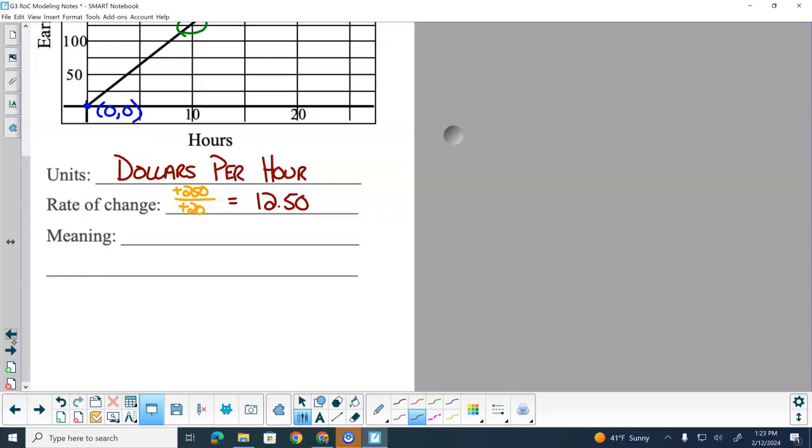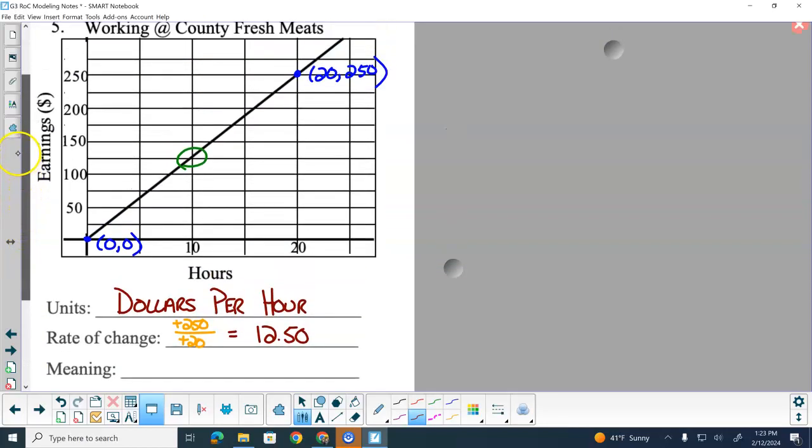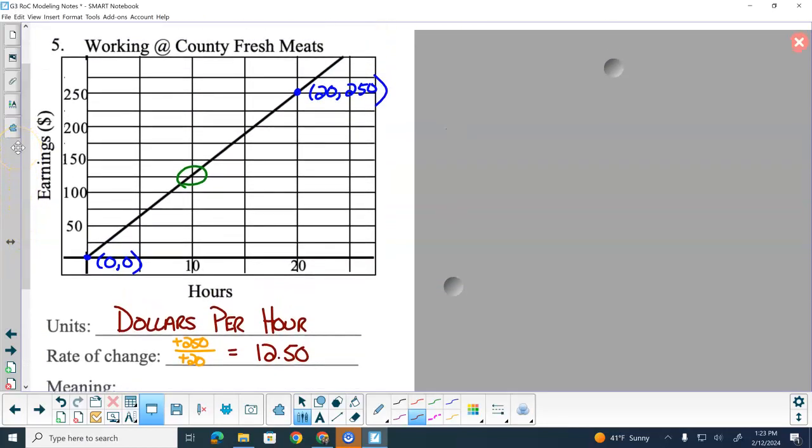There are 2 things that are important to our story. One of them is the actual rate of change. So in your sentence or sentences, you have got to have $12.50 per hour. Does anyone know what the second part of the story has to be?